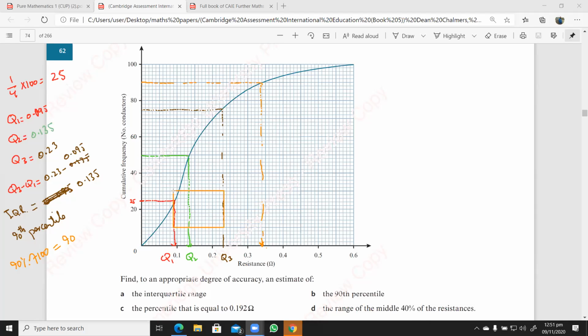I have taken the width to be 2 centimeters. It is up to you how wide you want to keep it, okay? My median is here. So I'll just be drawing it like this, okay?